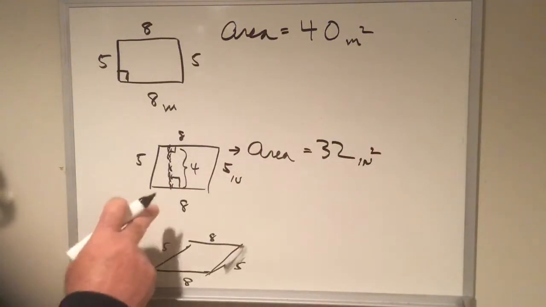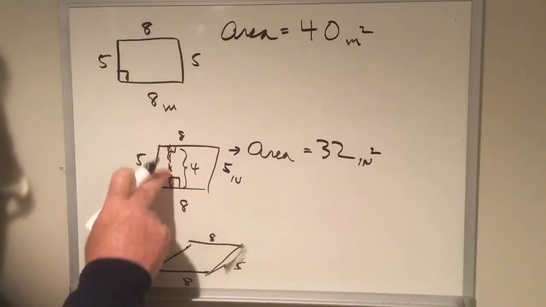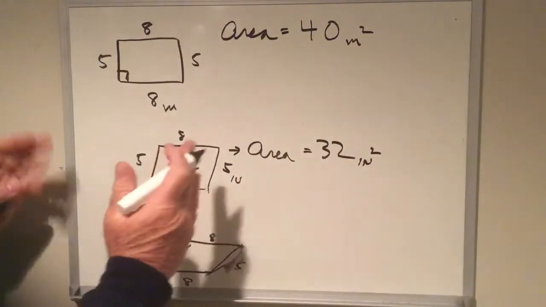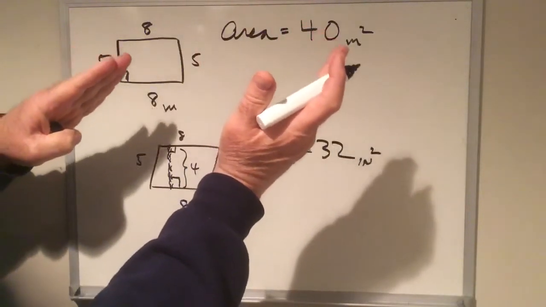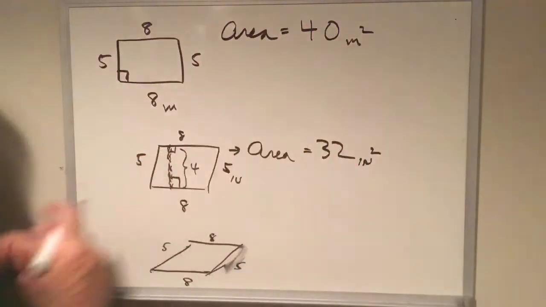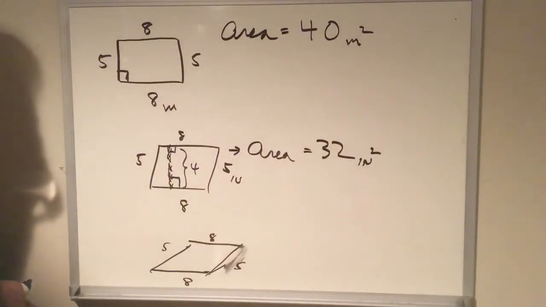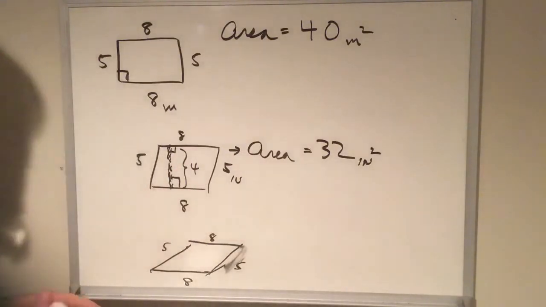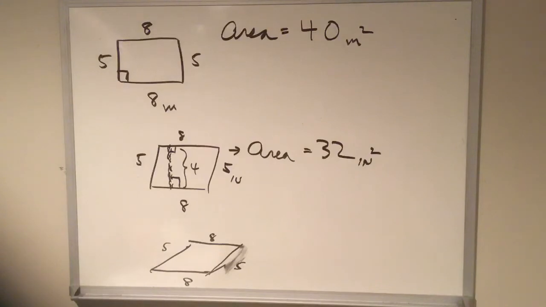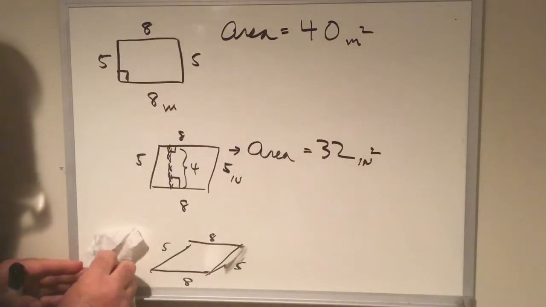Why not 40? Because this acts as the height. The height of the parallelogram is, right? What's starting to happen to the height? It's starting to fall. The parallelogram's falling, so the height is decreasing. So in this example, it's 8 times 4. You would not be able to figure out an area of a parallelogram unless you knew the height, right? The key to figuring out the height is the perpendicular segment here.